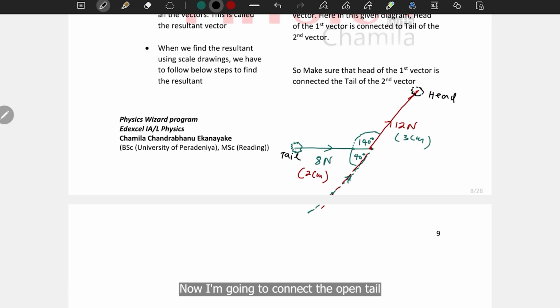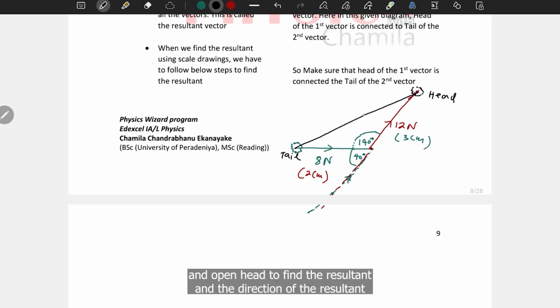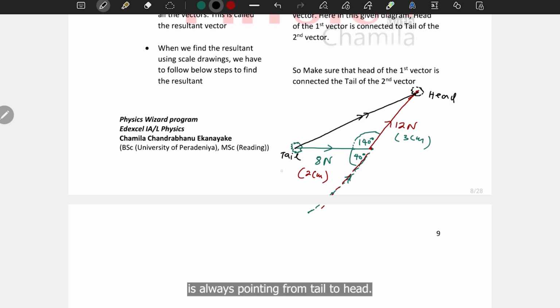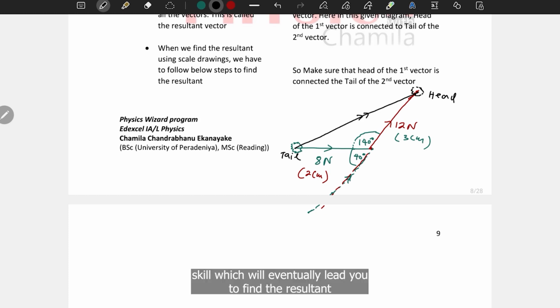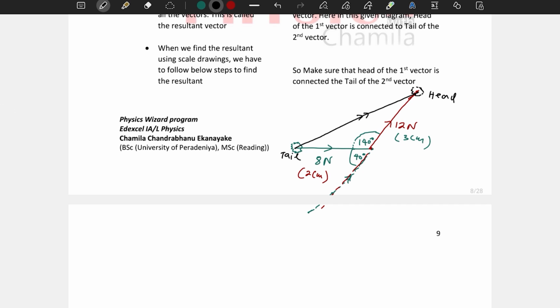Now I'm going to connect the open tail and open head to find the resultant, and the direction of the resultant is always pointing from tail to head, right? You already know the scale, so just measure the length of this line and multiply it by the relevant scale, which will eventually lead you to find the resultant. And the direction matters.